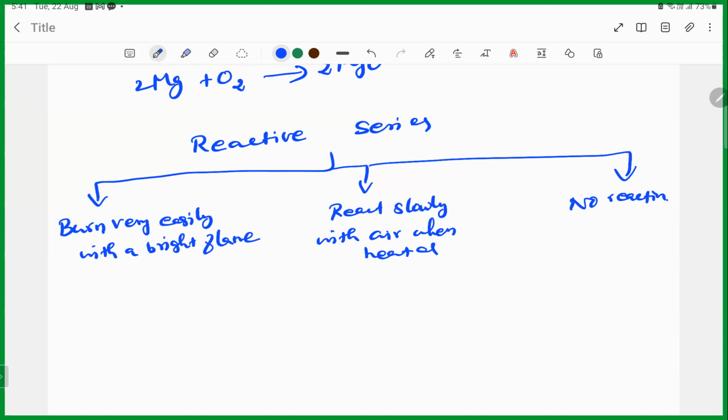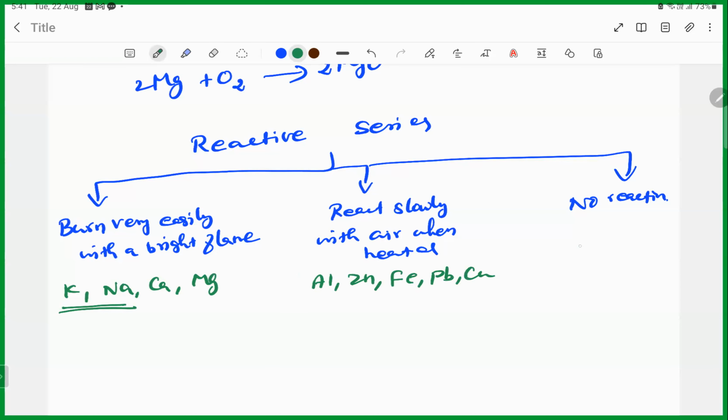The examples are sodium, potassium, and calcium. Magnesium is also highly reactive, especially the two alkali metals. Then react slowly: aluminum, zinc, iron, lead, and copper.